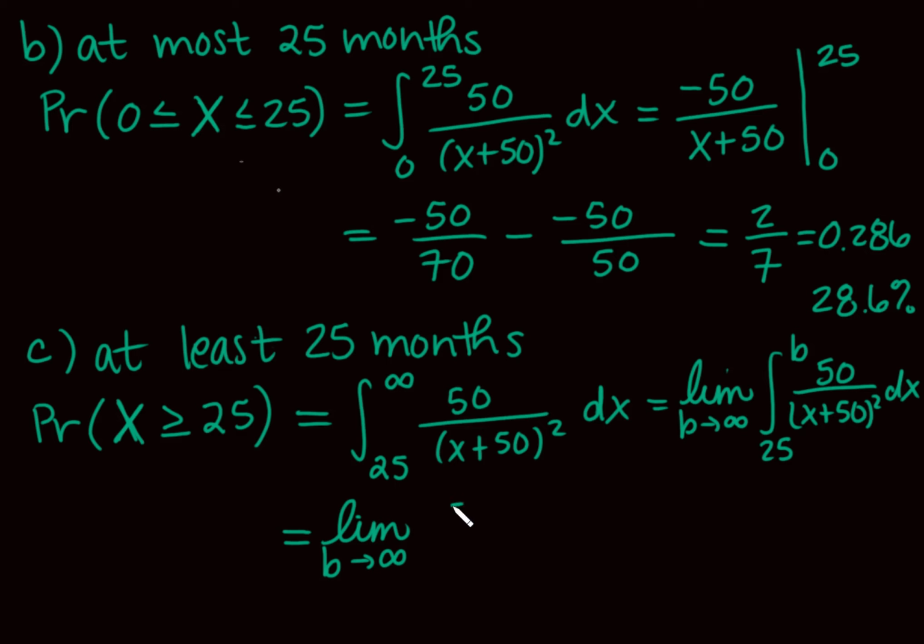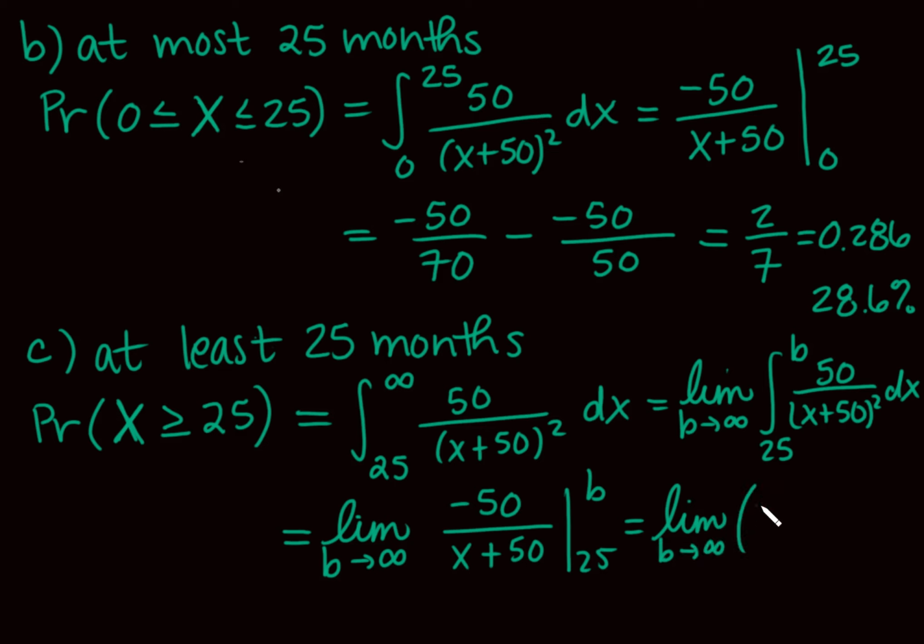Now again, I know the antiderivative, and again, that's your cumulative density function if they ask you for that. Now I'm going to evaluate this from 25 to b. If I plug this in, notice how I carry my limit signs through. Limit as b goes to infinity, I get negative 50 over b plus 25.